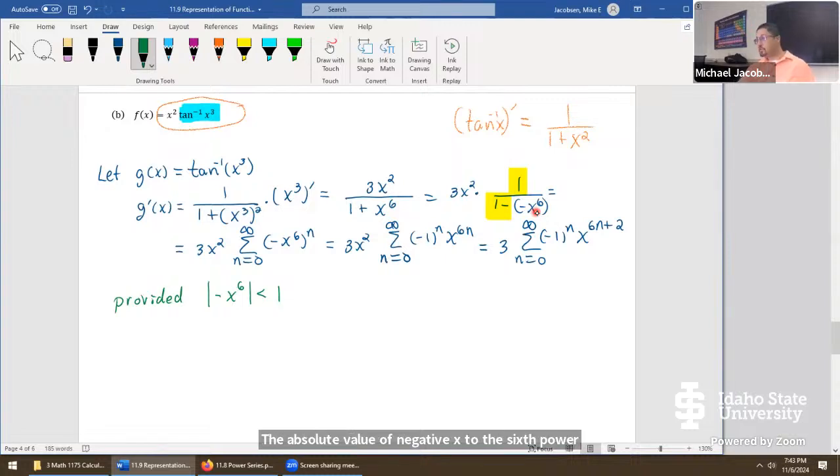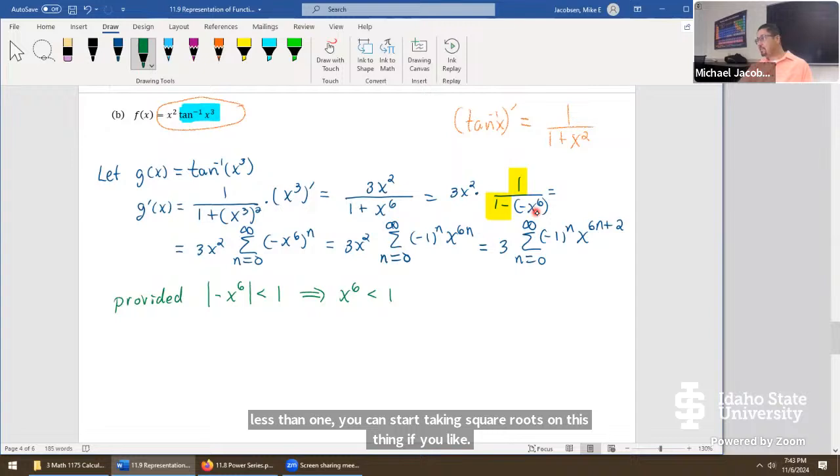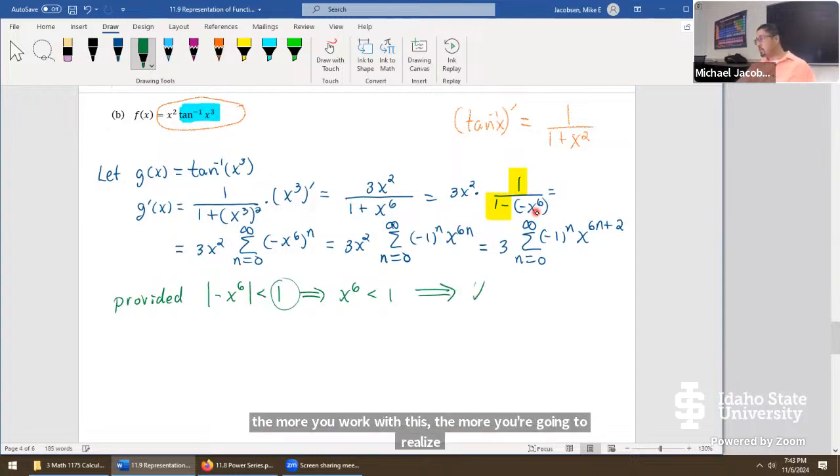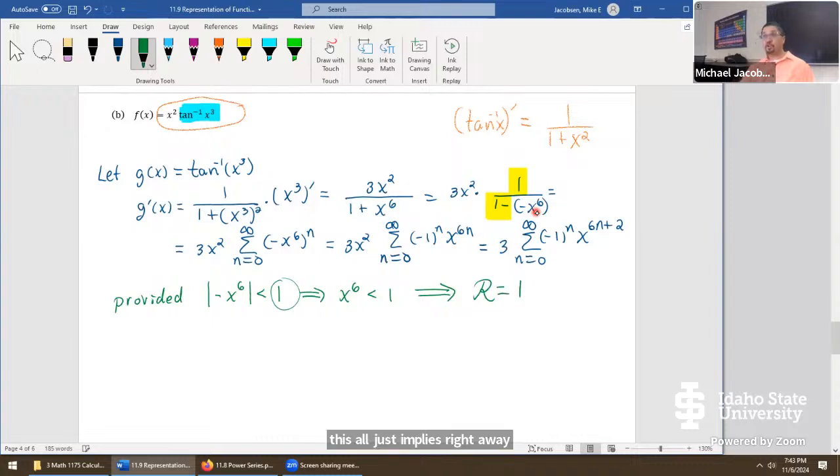And just like before, this implies x to the 6th power is less than 1. You could start taking square roots on this thing if you like, but the more you work with this, the more you're going to realize this all just implies right away, from this alone, radius of convergence is 1. But I really did skip a couple steps to get to that conclusion.